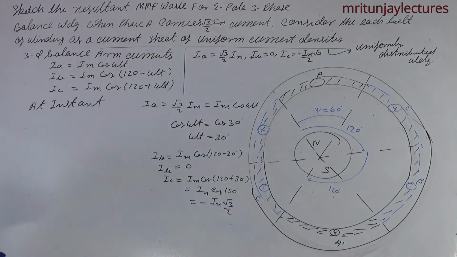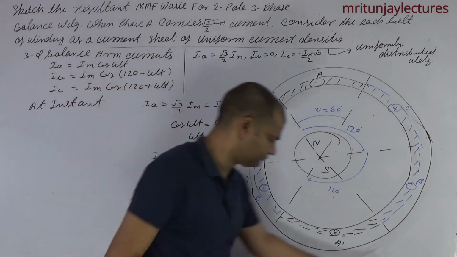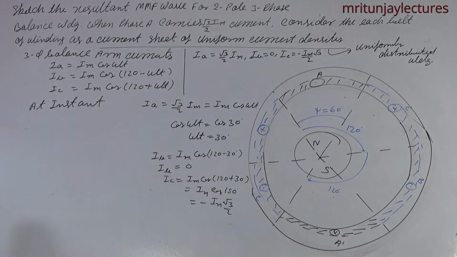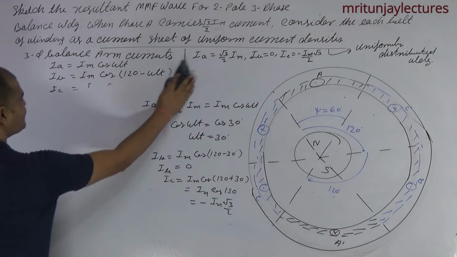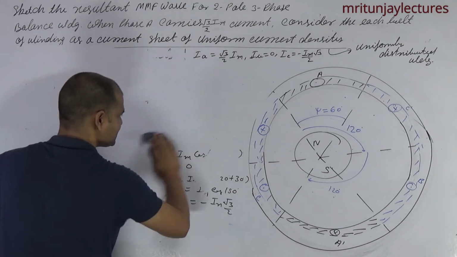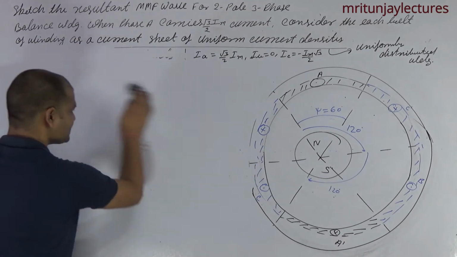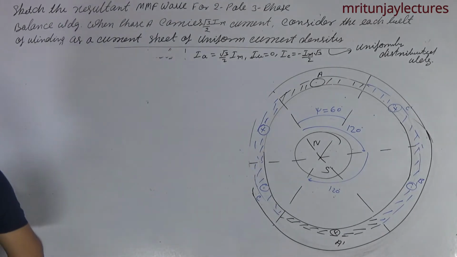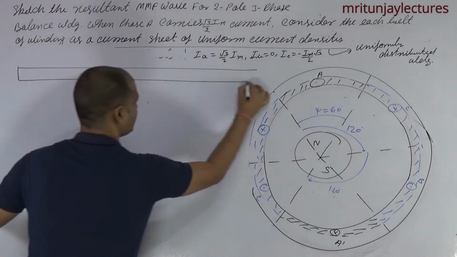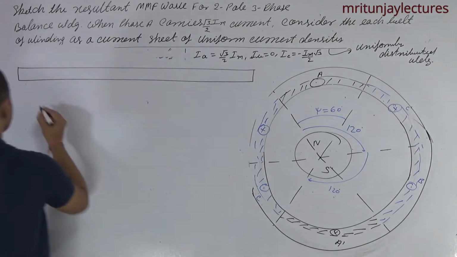Okay, now how to draw the MMF diagram? Is it clear? That is a balanced three phase winding.